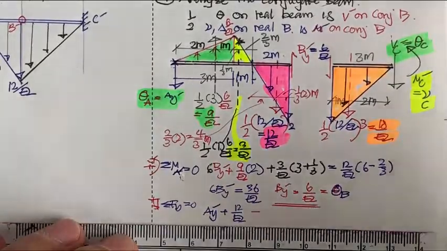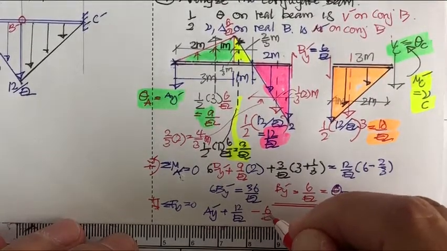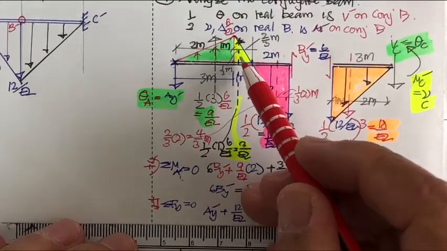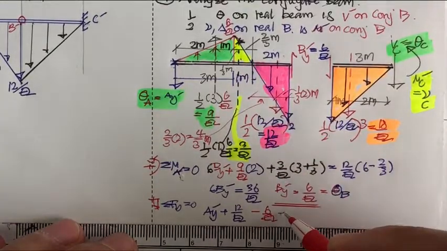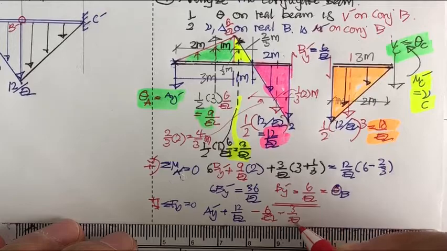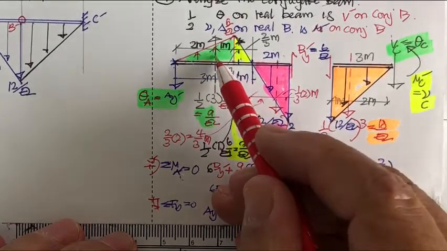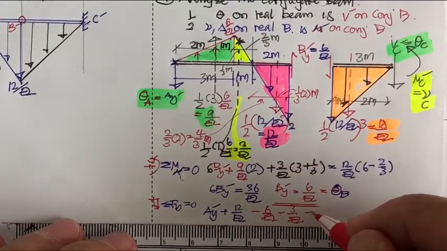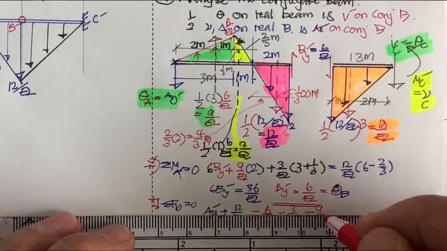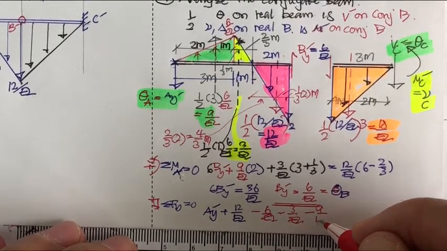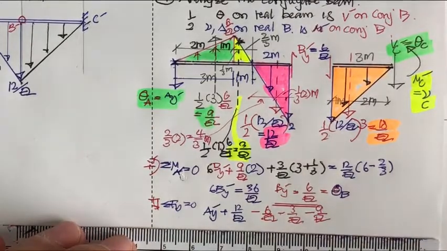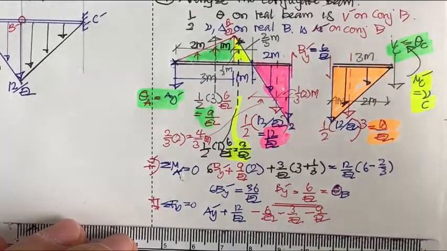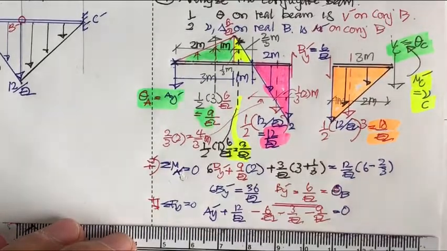Minus 6 over EI. And this one is upward. Minus 3 over EI. Okay. And this one minus 9 over EI. And that is going to be equal to 0.